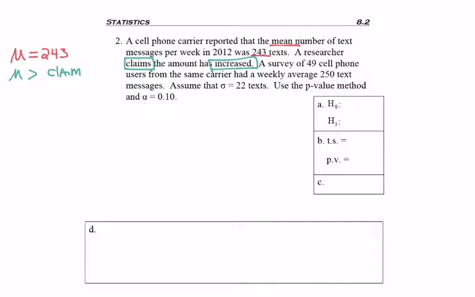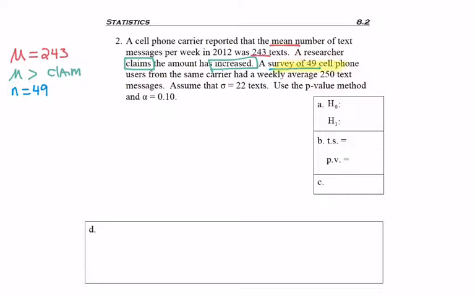Mu has increased. A survey of 49 cell phone users, so 49 is n, my sample size. They had a weekly average of 250.